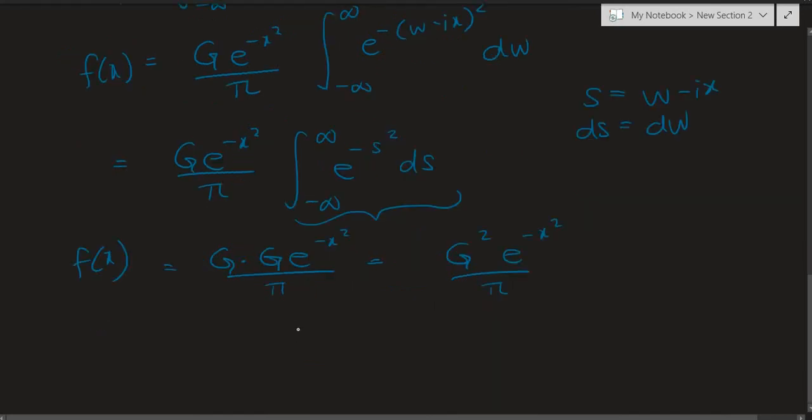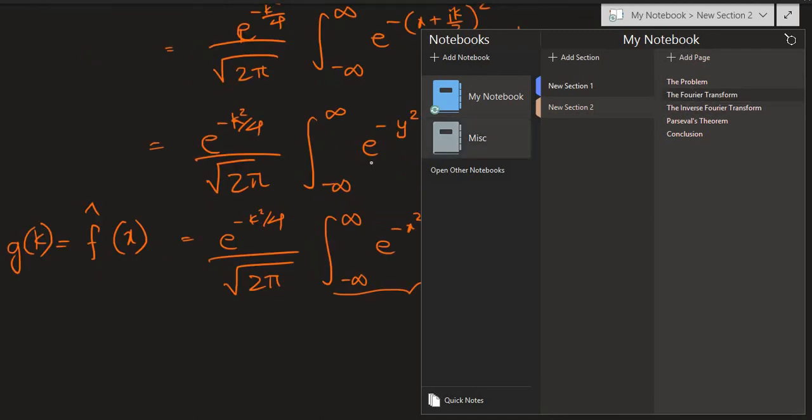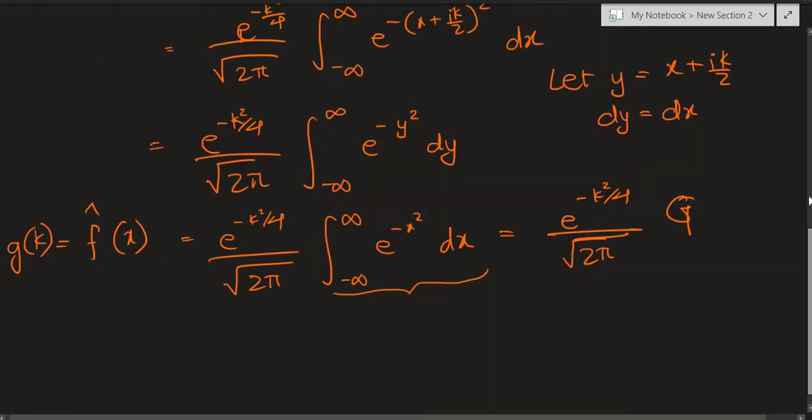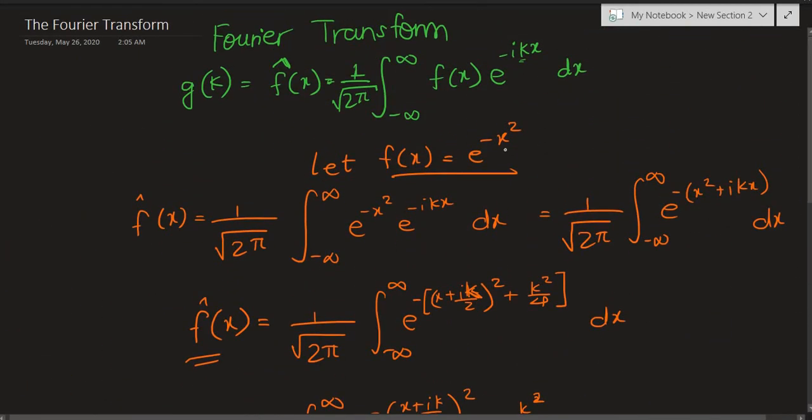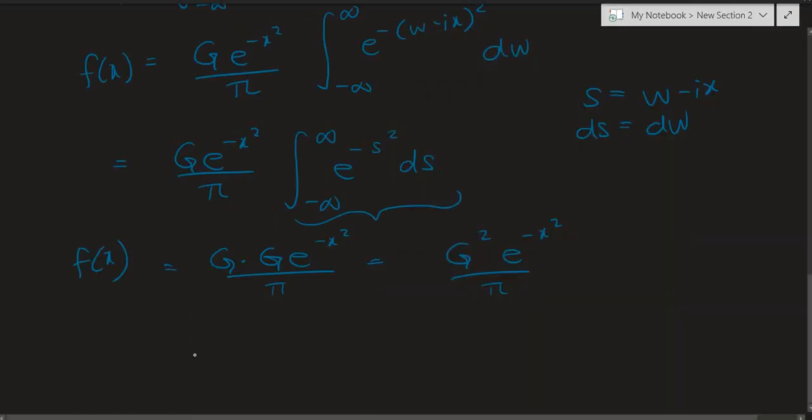But now the great fact is we actually know the value of f of x. What's f of x? Well, if we revert back to what we started with in the Fourier series, we considered the integrand of the Gaussian integral, e raised to negative x squared, to be f of x. So let's just plug that in over here. So e raised to negative x squared is nothing but this, g squared times e raised to negative x squared by pi.